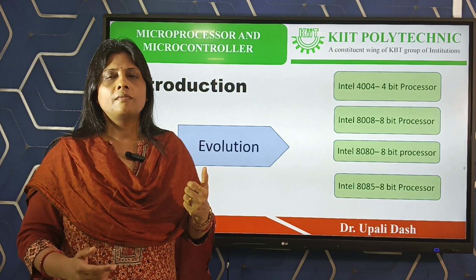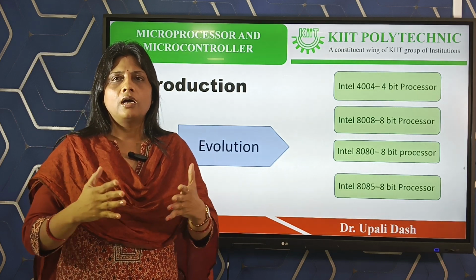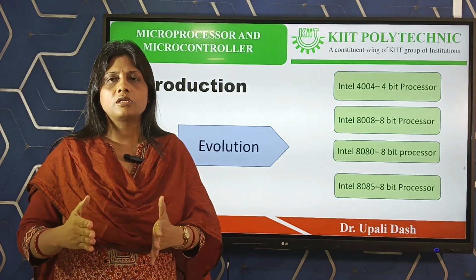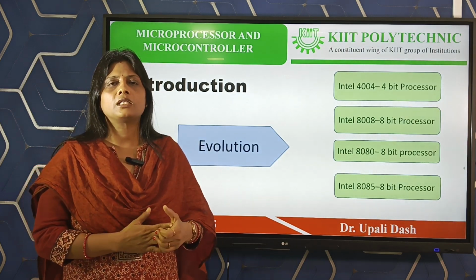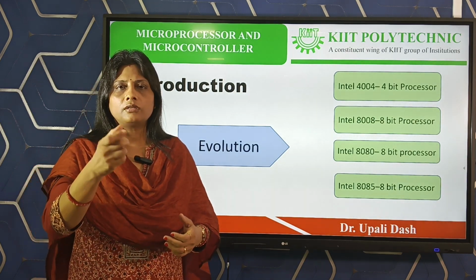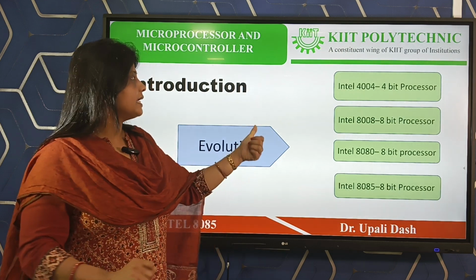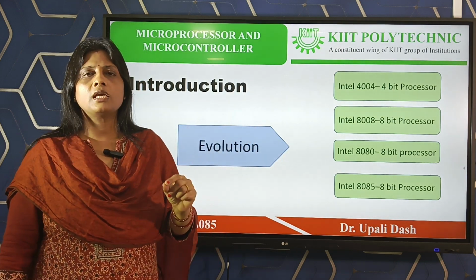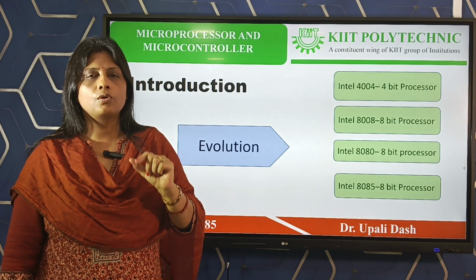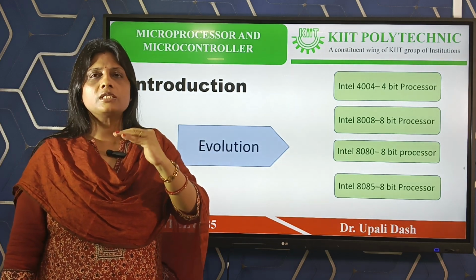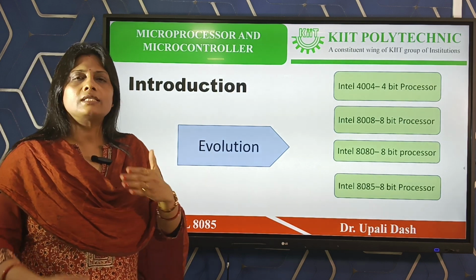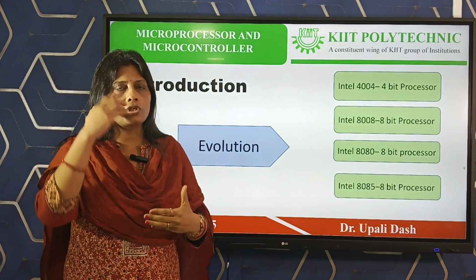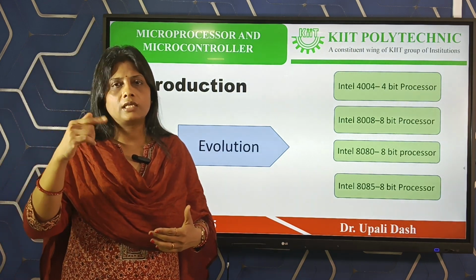But that was using PMOS technology, because chip manufacturing depends on NMOS, PMOS, CMOS. These are the semiconductor technologies used in fabricating chips or ICs. The Intel 8008 was using PMOS technology, where the mobility or the processing speed was a bit low. So obviously the thought of designing another 8-bit processor came.